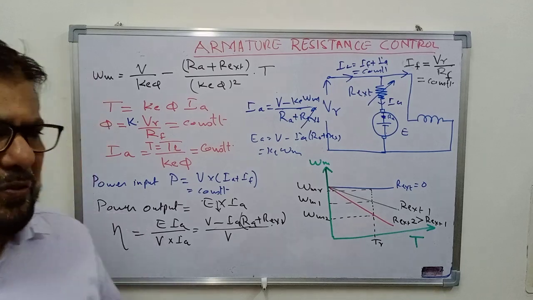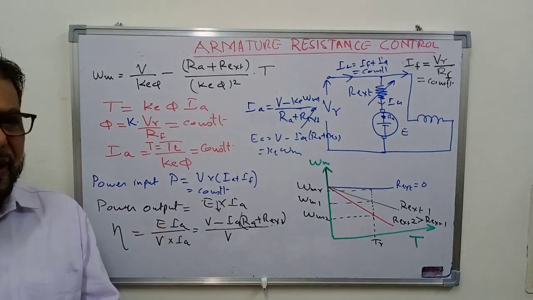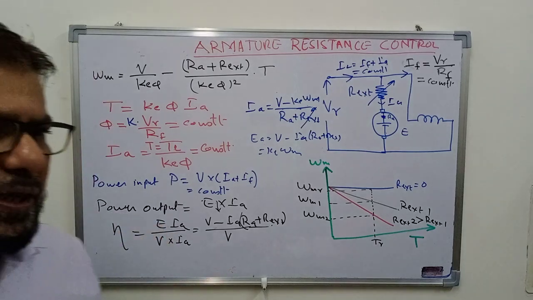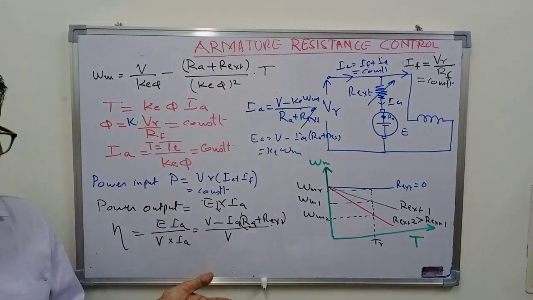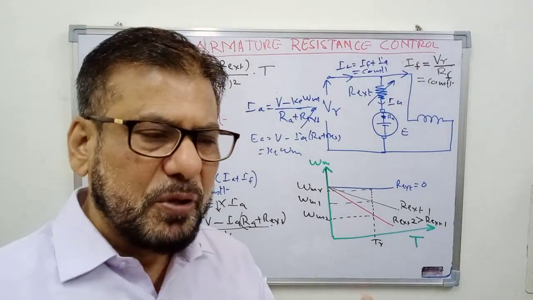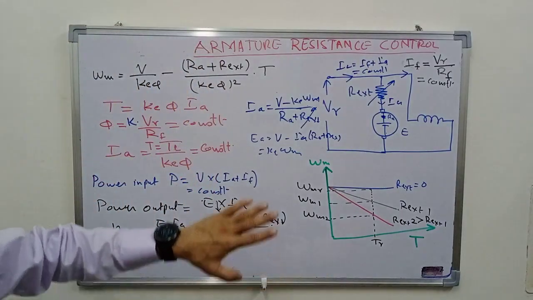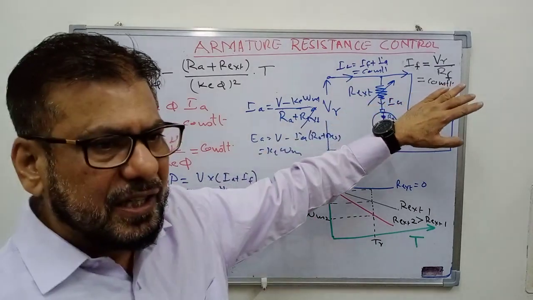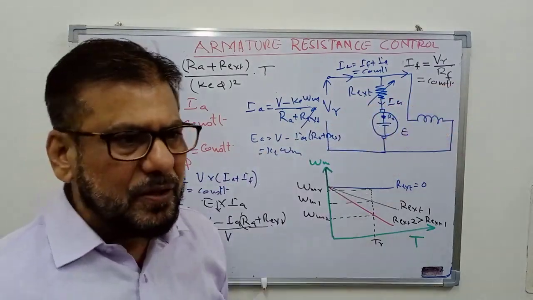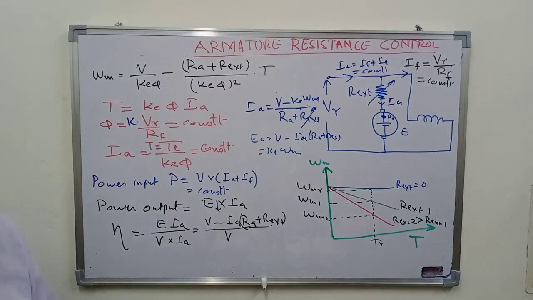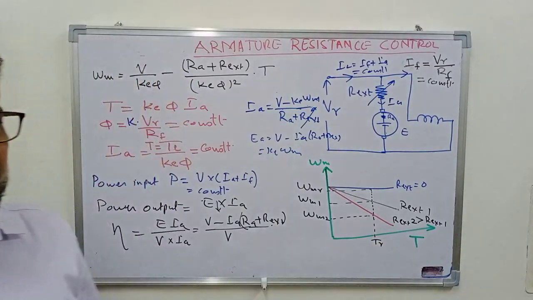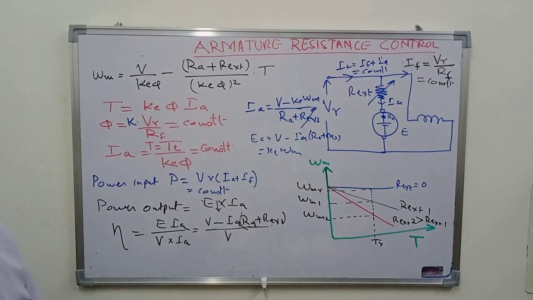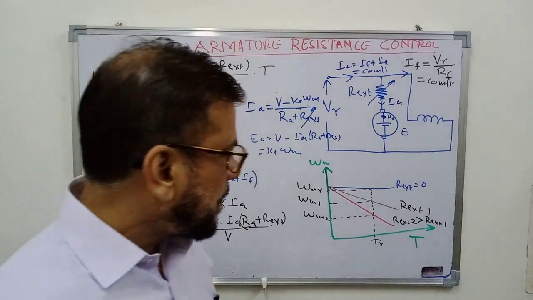Most of the time the motor has to run at the rated speed, but sometimes for short duration you have to run the motor at low speed. In that case, energy loss will not be too much. Even though the power loss will be there, the energy loss will not be too much, and we can use this method because it is very convenient and can be easily implemented. So every method has its application. So this method can be used in such applications where the speed control is required only for short duration.